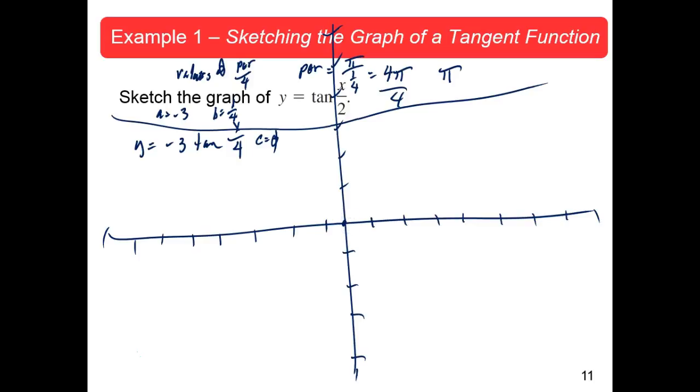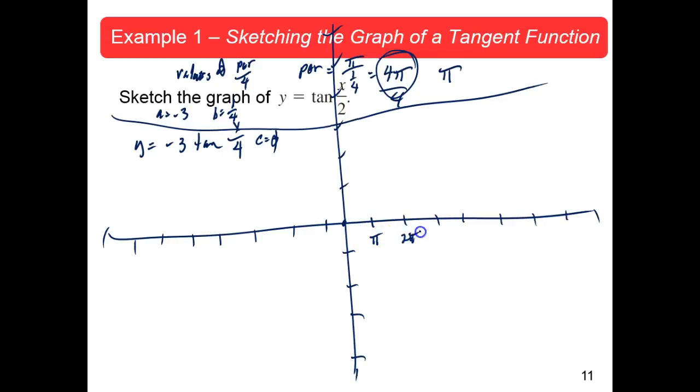Where is our vertical asymptote? Half a period to the right and half a period to the left. What's our period? 4 pi. No, your quarter period. You can do it either way you want to. Your quarter period is pi. I didn't write them in.